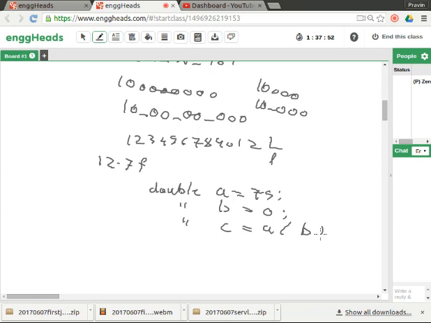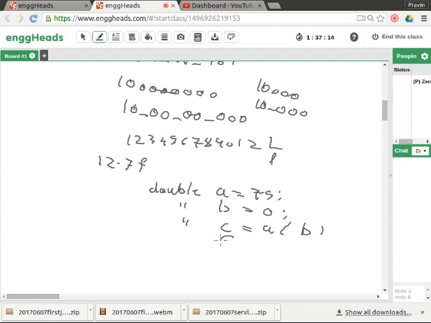Fine. What's the value in C? Even in C language, it's the same. Okay, the results are same. What's the value in C? There's no error here.